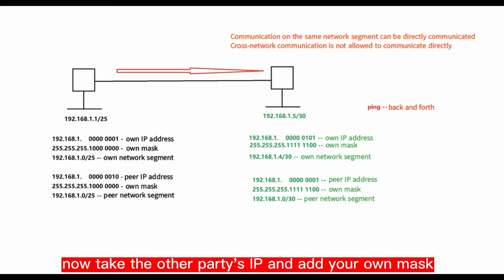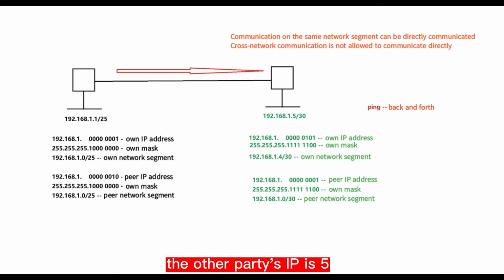Now take the other party's IP and add your own mask. The other party's IP is 0.5, so it's 0101. Now it thinks that the network segment of the other party is still this one. So in fact this packet can be sent out, no problem. Now the packet is sent to PC2.